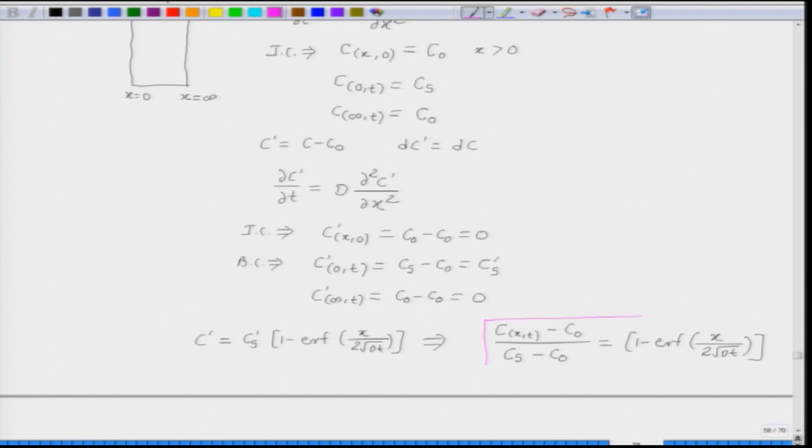This is the more popular form that you will see in most textbooks, and this is applicable for a semi infinite slab which has an initial concentration equal to C naught. This is more practically applicable to the carburizing problem.